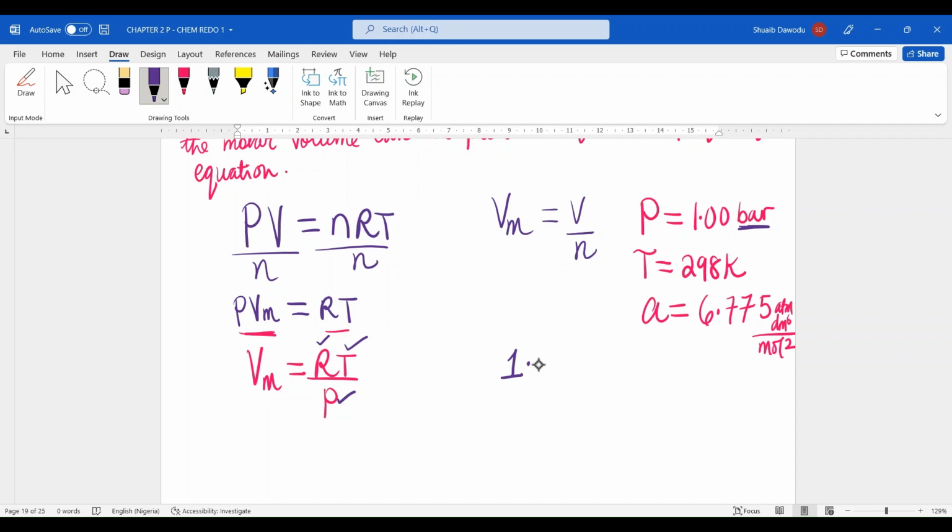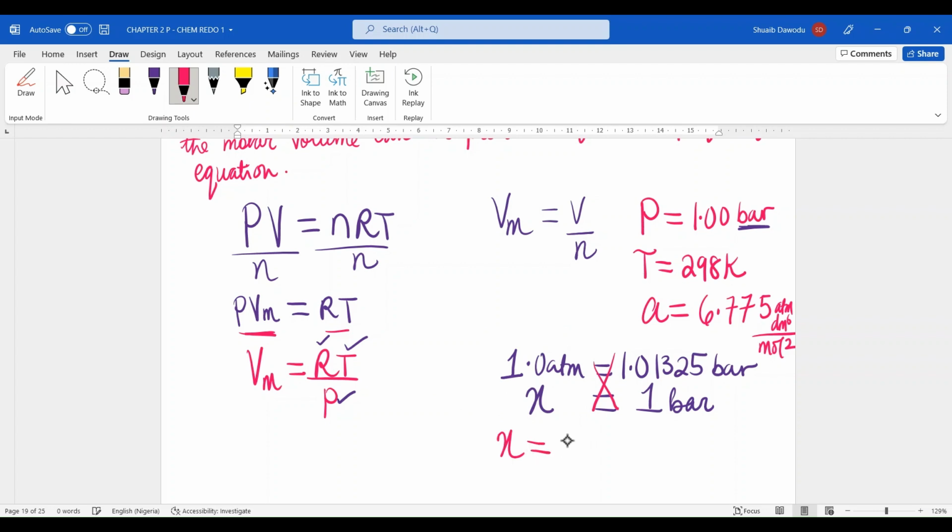We know that 1 atmosphere is equal to 1.01325 bar, and we were given 1 bar. So X, meaning the pressure in atmosphere, we determine by cross multiplying. X is equal to 1 bar times 1.0 atmosphere divided by 1.01325 bar.